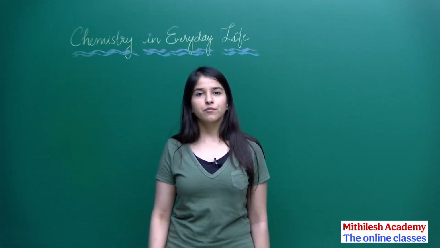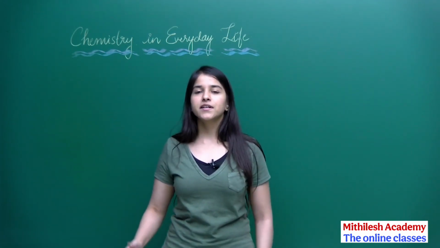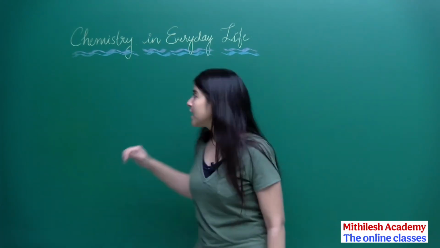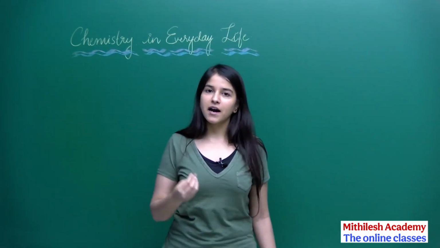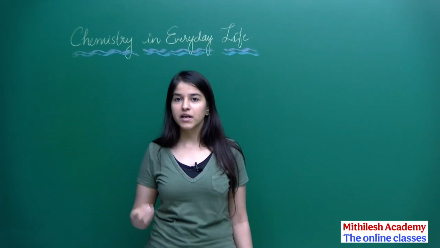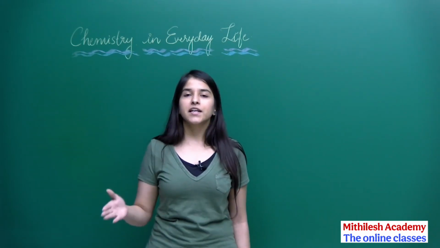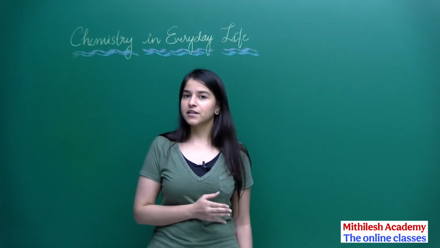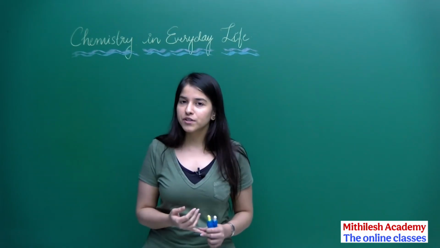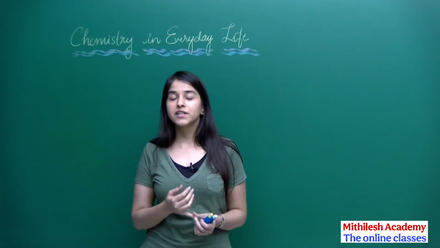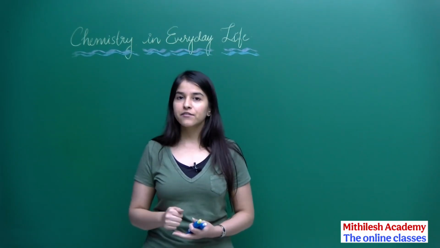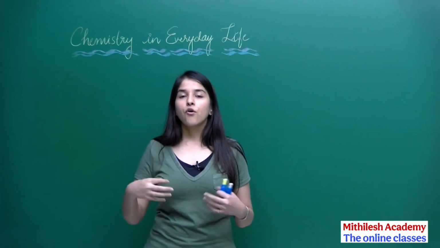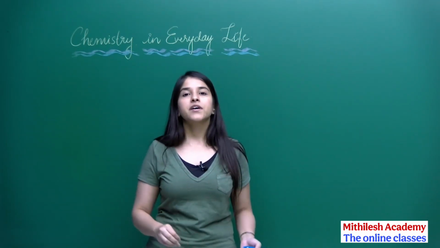Now we are going to discuss the chapter which is chemistry in everyday life. That means how chemicals play a very important role within our lives on a daily basis. What kind of chemicals are used? We will be focusing on the medicines, the cleansing agents, the soap that we use while bathing every day, and the clothes that we wear every day.